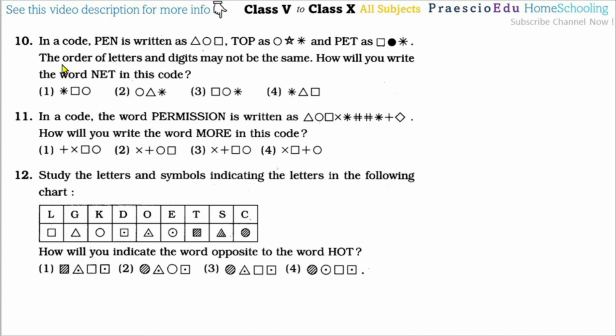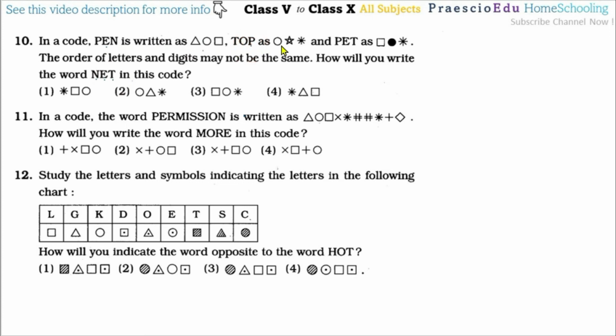This is given in option number 4. Then question number 10. In a code, the PEN is written in a symbolic form like this one. Then TOP in this one symbol, and then PET like these symbols. The letters' order and the digits may not be in the same order. So how will you write the word NET? We will make the comparison to find out the common things.